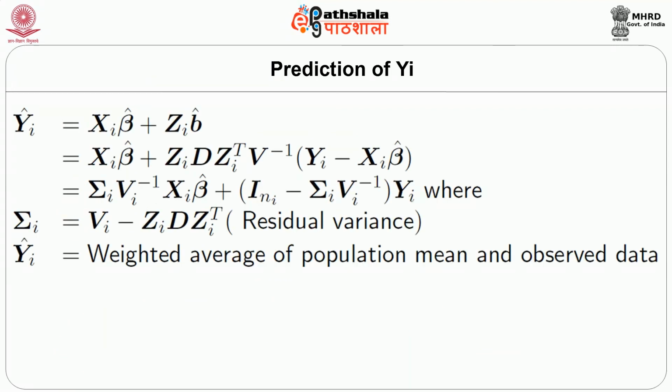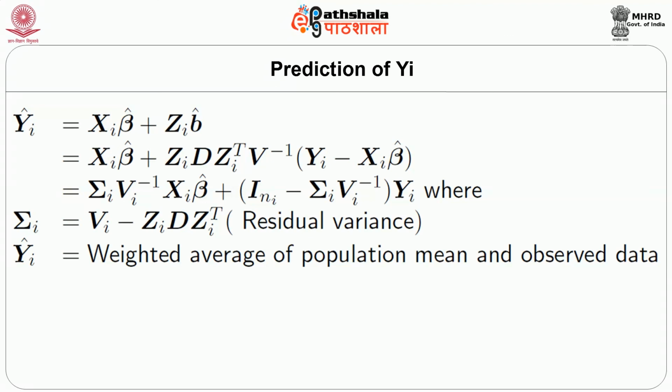Now, we can use beta hat and b hat to predict the y_i's, the observed responses. So, y_i hat is nothing but X_i beta hat plus Z_i b hat, where y_i hat is the predicted value of y_i.